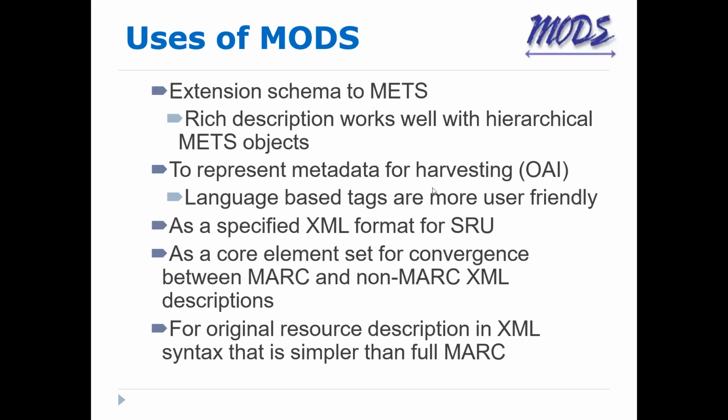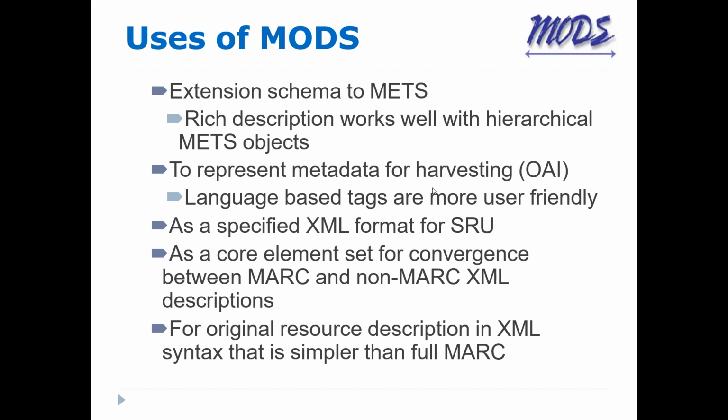We'll talk a little bit about how it works with METS, and we're going to talk about METS in just a minute here. It can be used to represent metadata for harvesting, and the Open Archives Initiative, which is what OAI stands for, is a harvesting protocol. So it's typically using either XML or APIs.